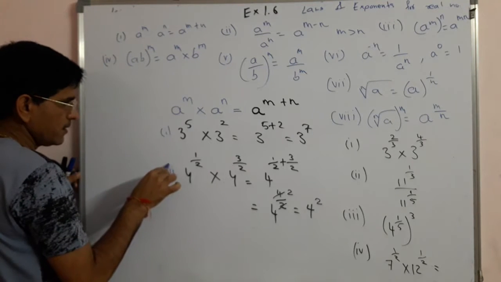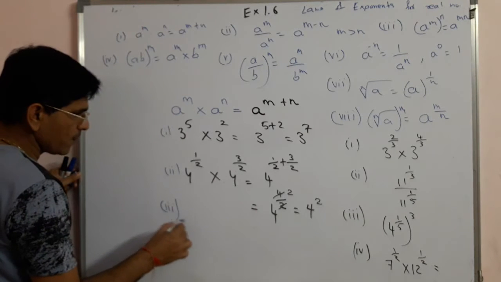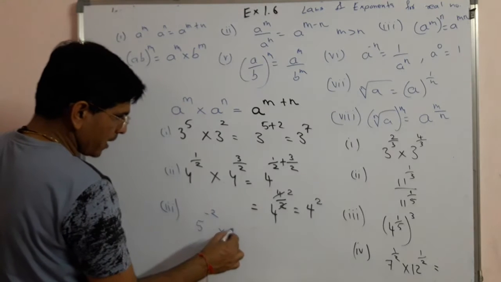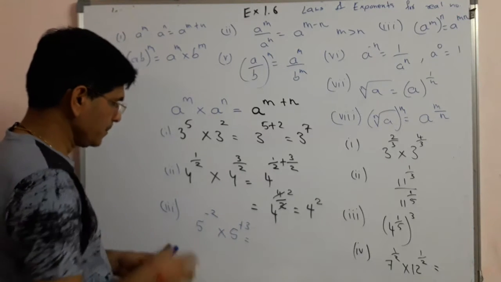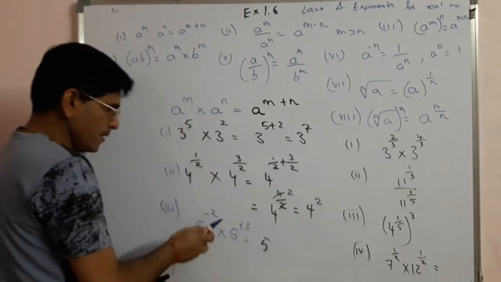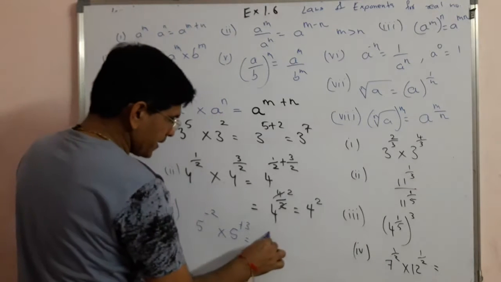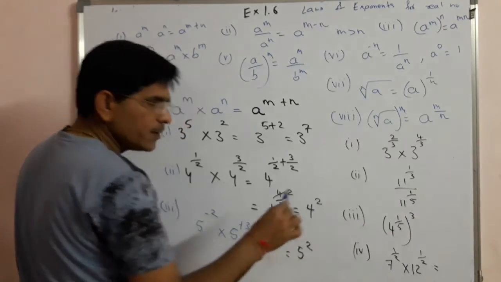Here it is the second. More examples we can see, the third sum. Now 5 the power minus 2 into 5 the power plus 3. In multiplication we have to add the power, that is minus 2 plus 3, so 5 the power 1. Sorry, 5 the power 2?